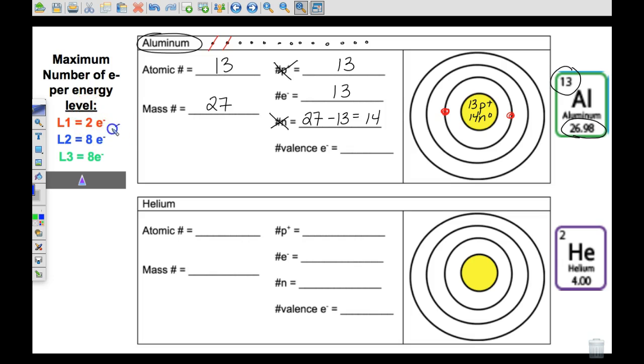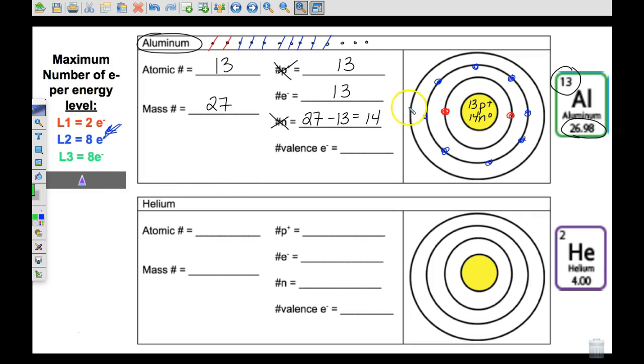But the maximum I can hold is 8 electrons. So I'll put 1, 2, 3, 4, 5, 6, 7, 8. So now I'm going to cross out 1, 2, 3, 4, 5, 6, 7, and 8. So the second level is full because I can only put 8 electrons in the second level.